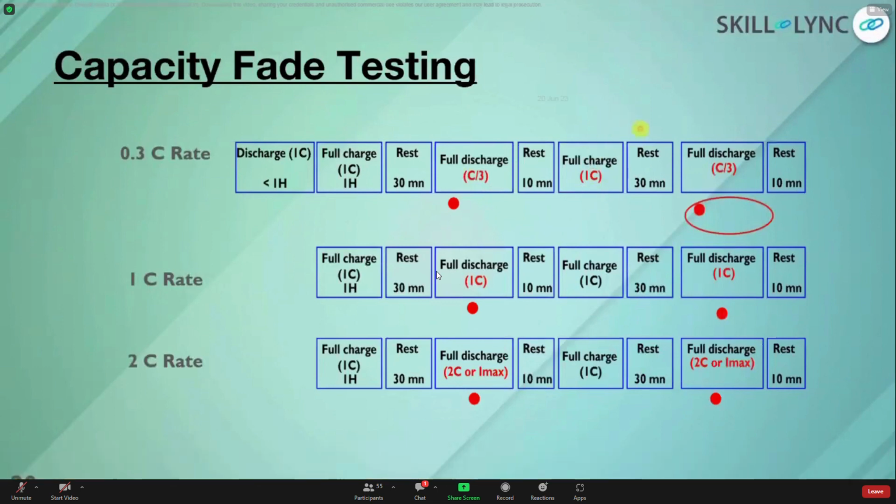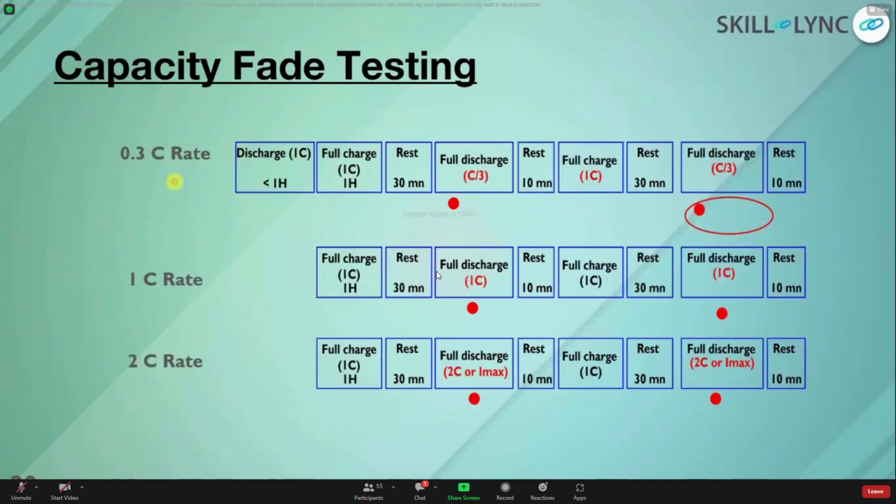Once it is done, we rest the battery pack for 30 minutes, discharge it with 0.3C, rest for 10 minutes, and we have all the data now. You have to understand one important point carefully: all these 0.3C, 1C and 2C rates are only for discharge. The charge is always done with 1C.